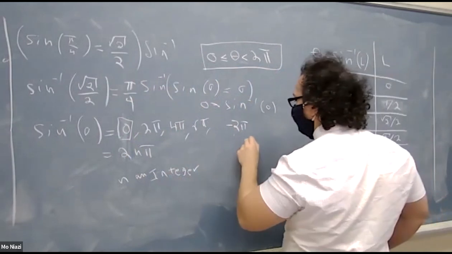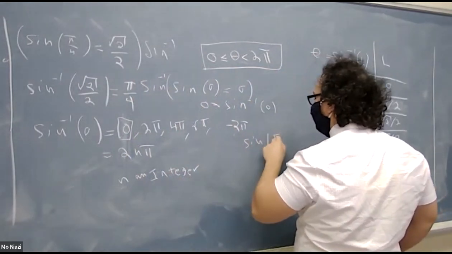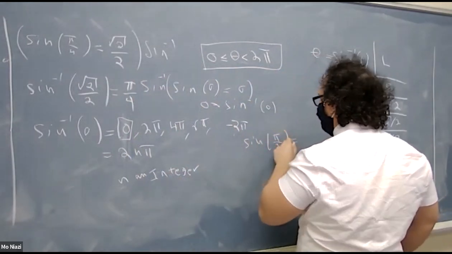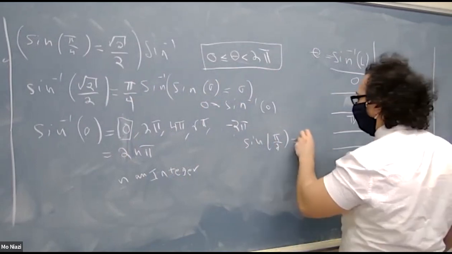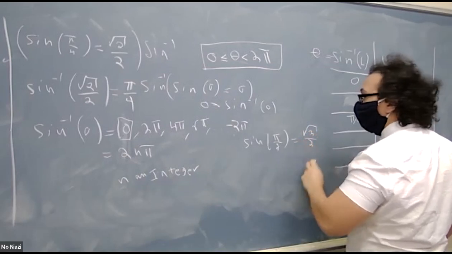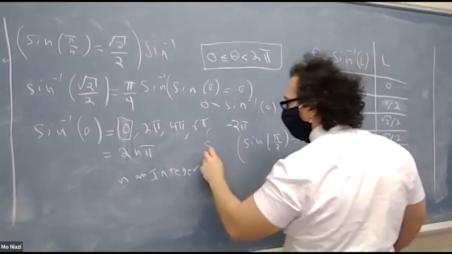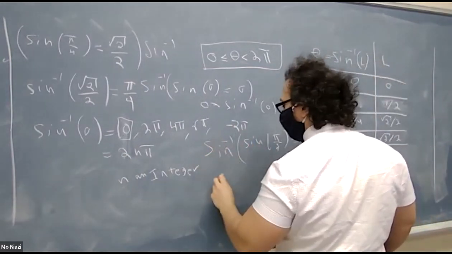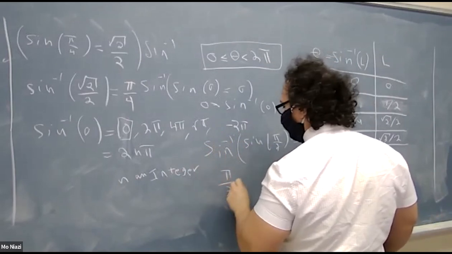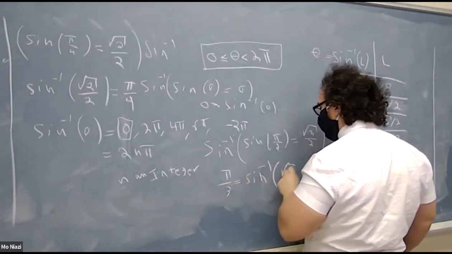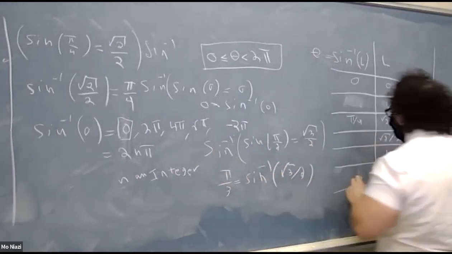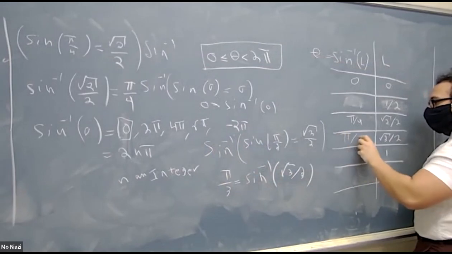What's the sine of pi over 3? Root 3 over 2. Yep. That means when you take the sine inverse of both sides, you get pi over 3 is equal to sine inverse of root 3 over 2. And hence we put this right here.